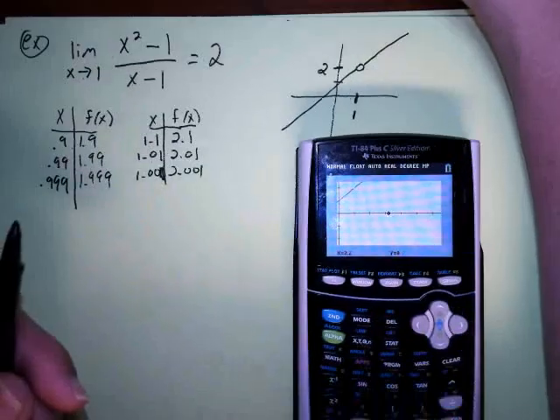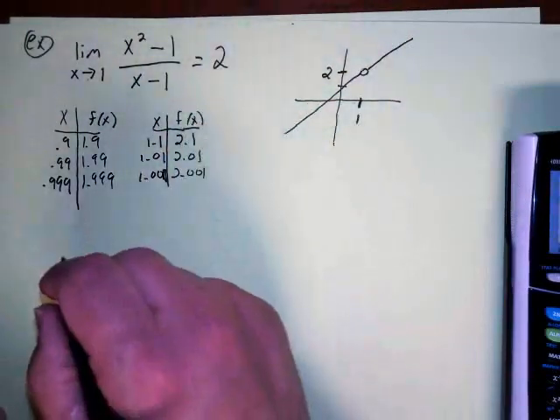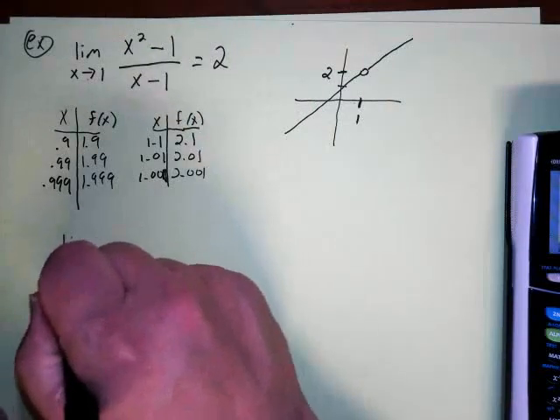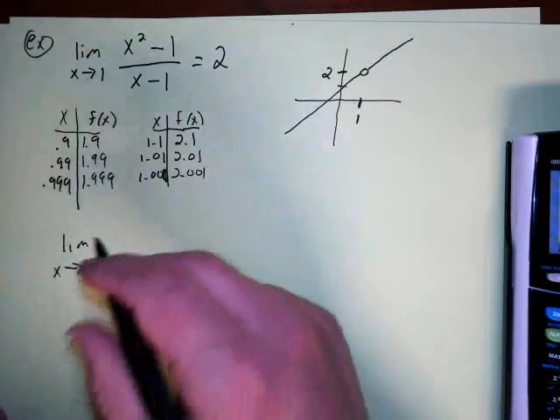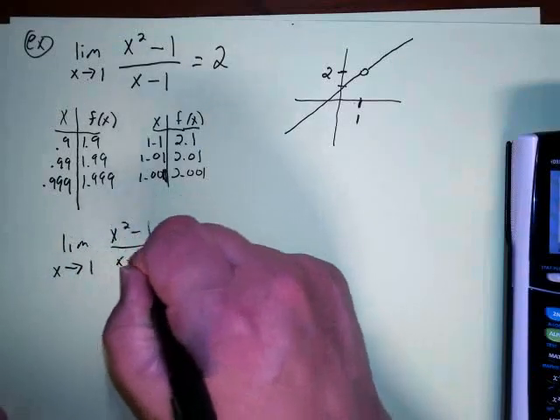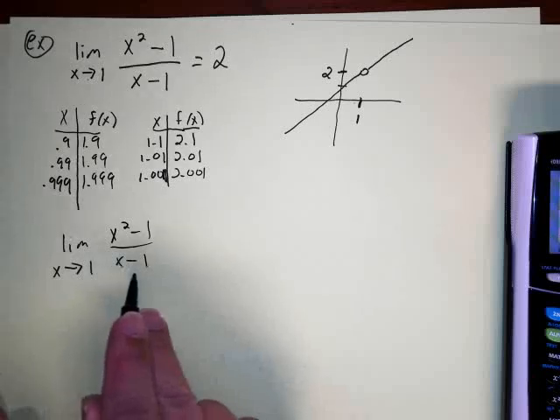Okay, so now let me show you why this is equal to 2. What I can do here, and we're going to learn more reasons why we can do this, we're going to learn some rules, but I can simplify this function here. I'm going to find the limit as x approaches 1 of this.